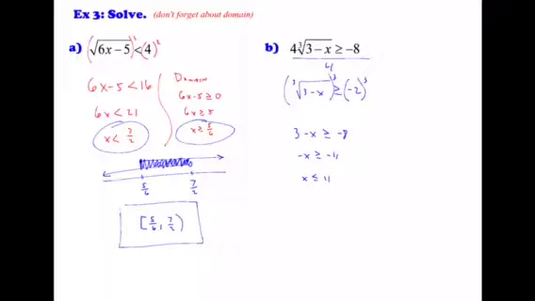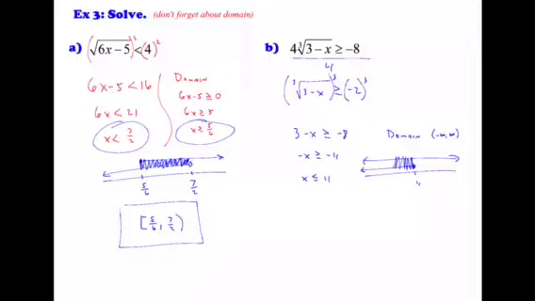Now on this one, what is the domain? Well, the domain is all real numbers. You can plug in whatever you want. You can take the cube root of any number, positive, negative, 0. So we don't have any other restrictions on this one. So if you do think of it as a number line, you have all these values that are less than or equal to 11, and then your domain covers the entire number line.